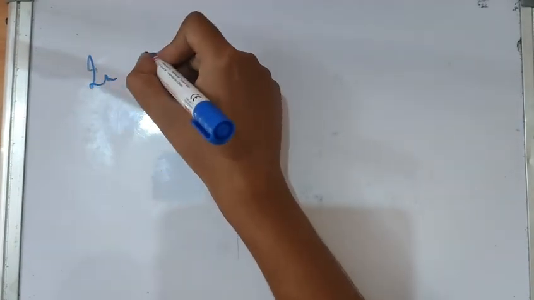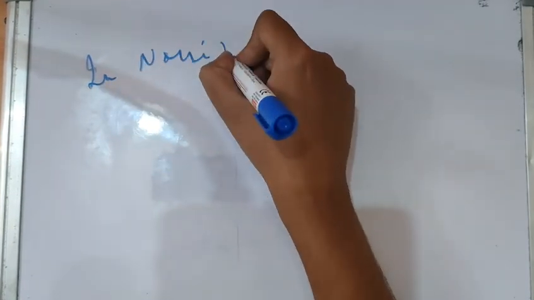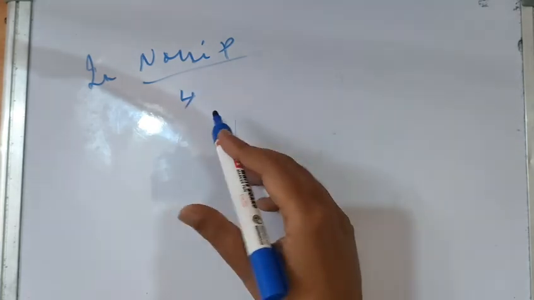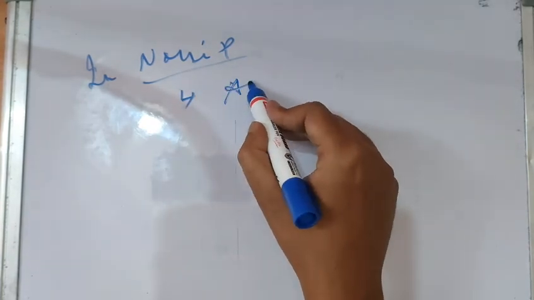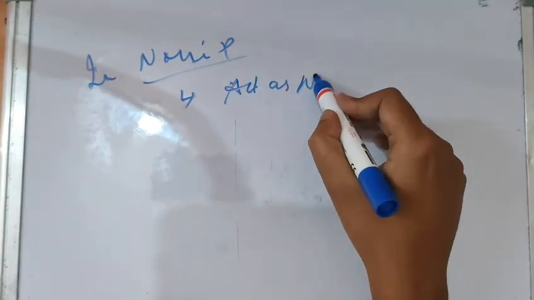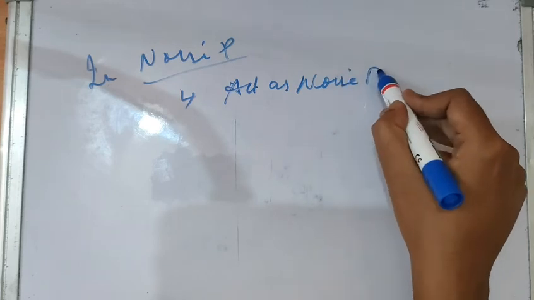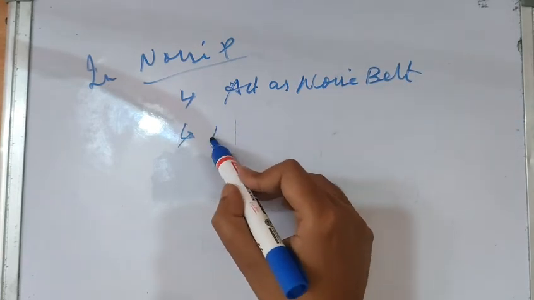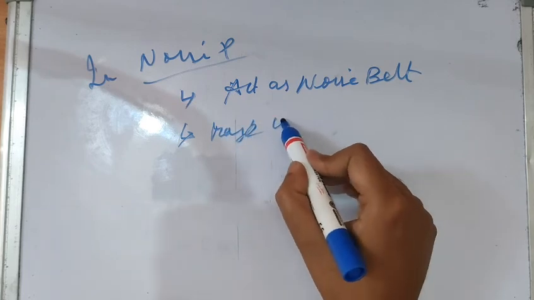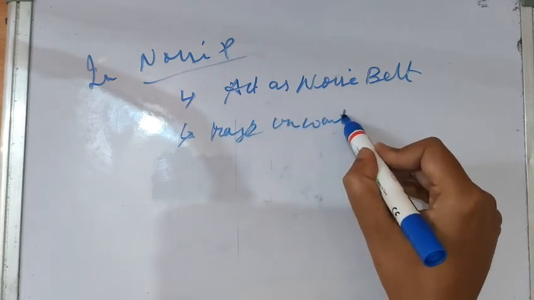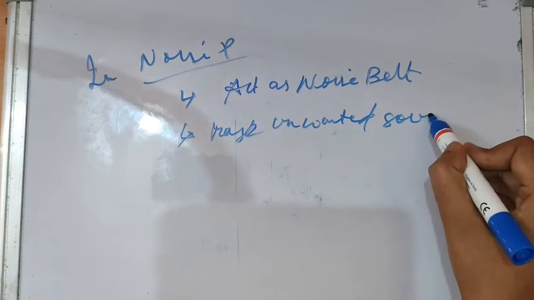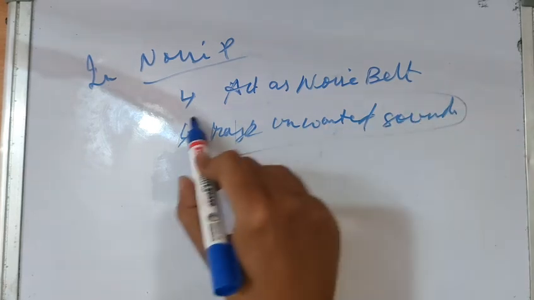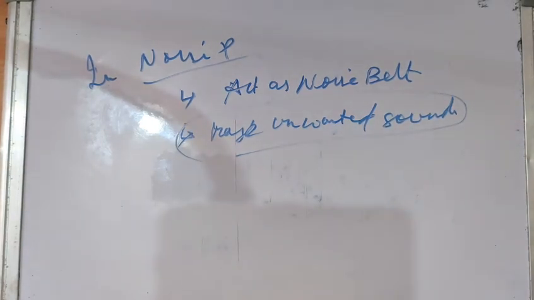It also helps us in noise pollution. They act as a noise belt. They mask unwanted sounds. You would have heard when we go to some areas with a high number of trees, the sound there is very much low.